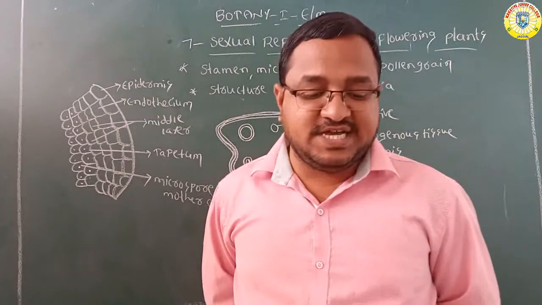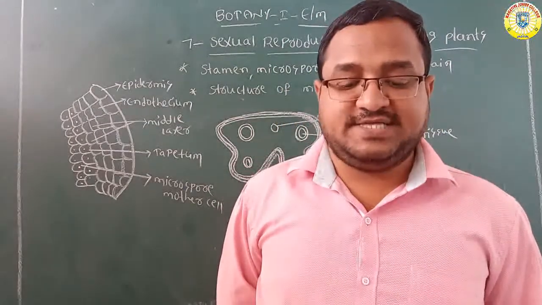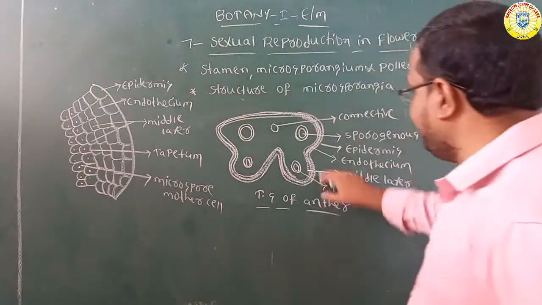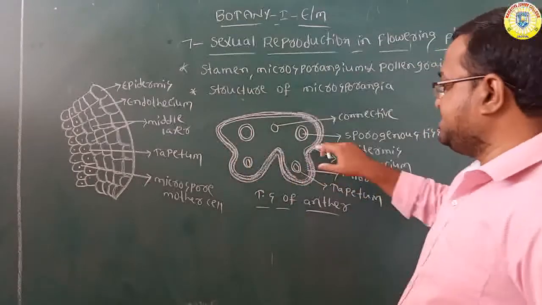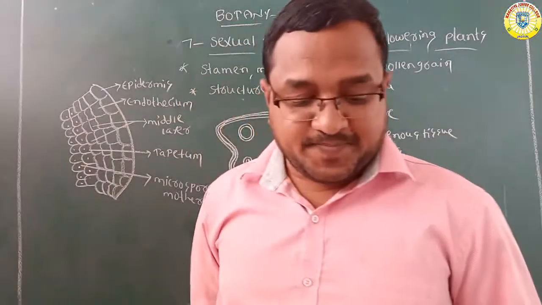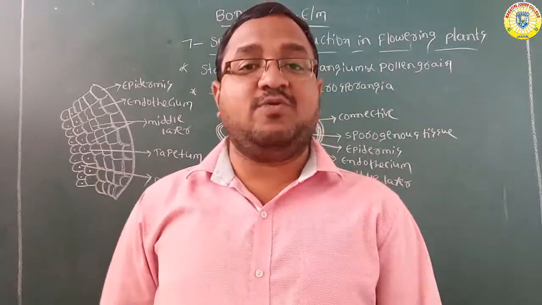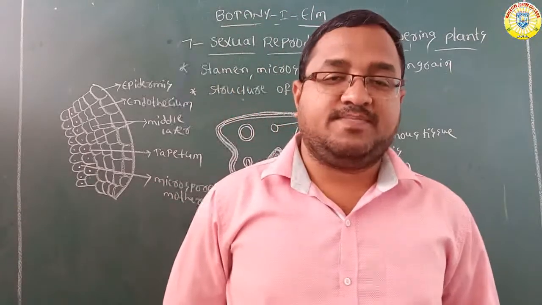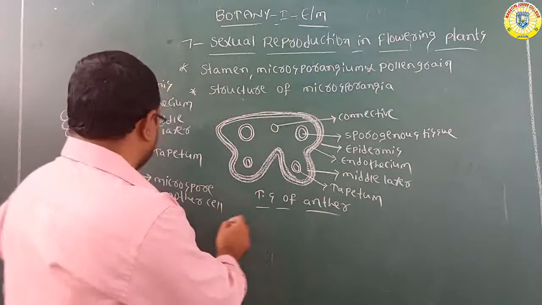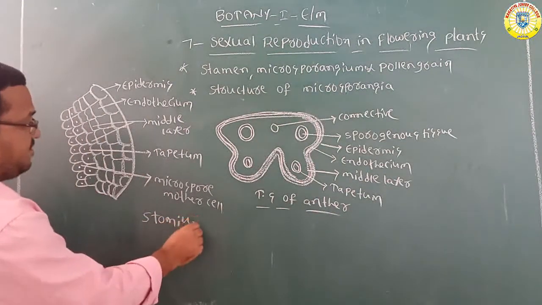The epidermis is one cell thick. The cells which are present between the pollen sacs are thin walled, and that region is called the stomium.